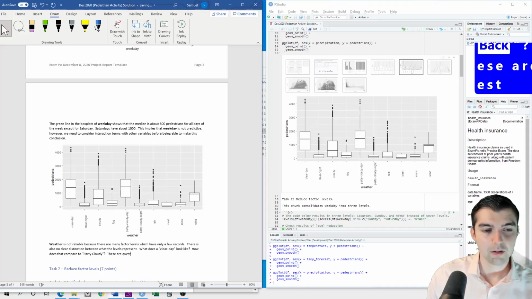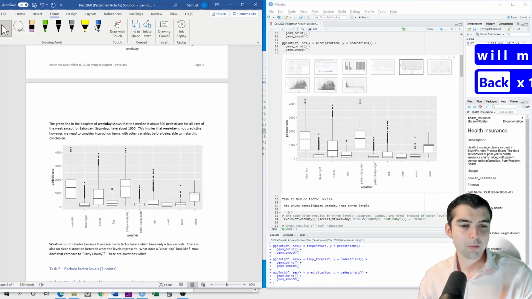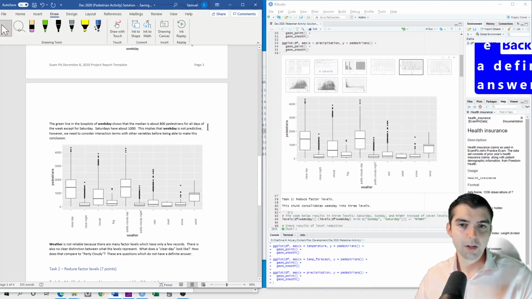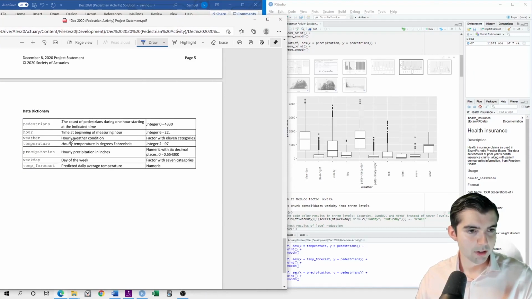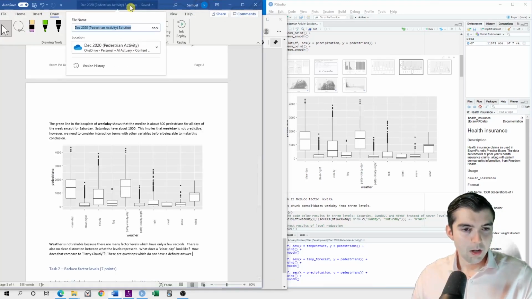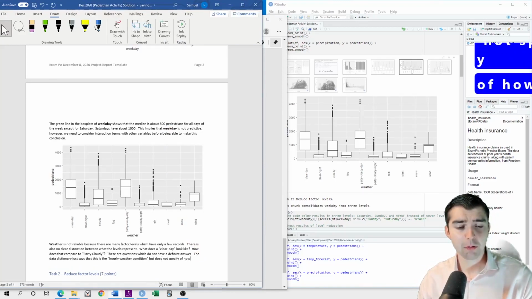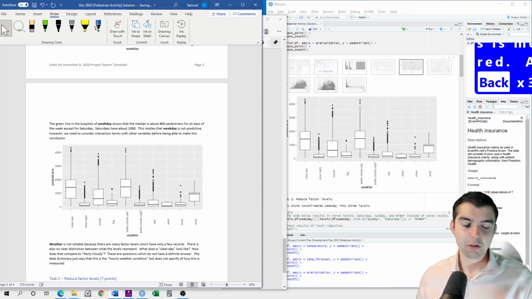These are questions which do not have a definite answer. We can look in the data dictionary and see, okay, this is the hourly condition. So it just says hourly weather condition, but does not specify how this is measured. So in other words, the data is questionable.